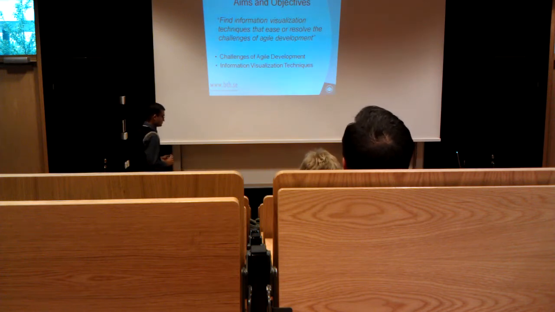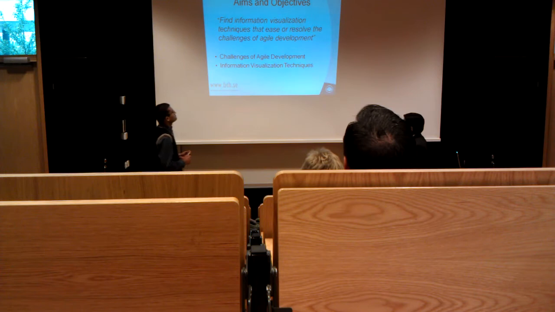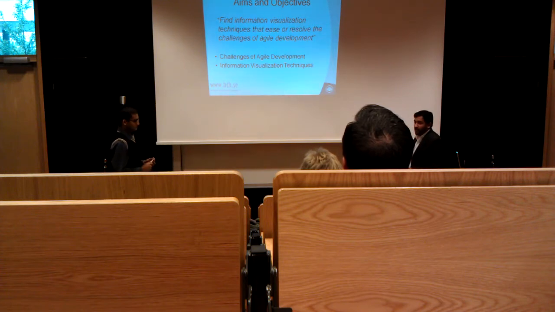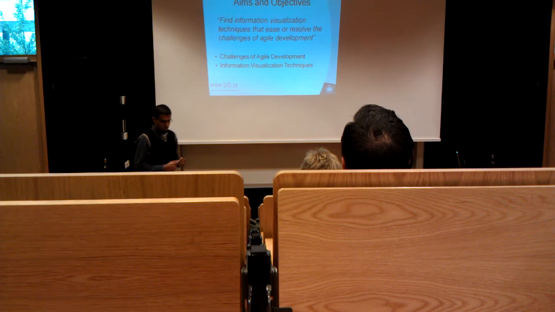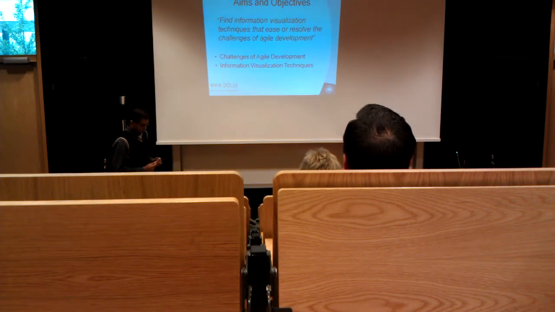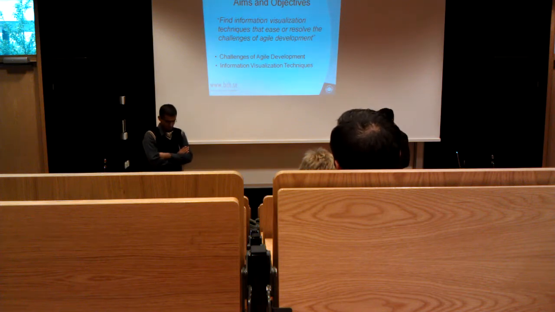As I said earlier, our main aim for this study is to find the information realization techniques that can be used to ease or resolve the challenges of Agile development. To achieve this aim, we have two sub-goals: the challenges of Agile development, and the information realization techniques.